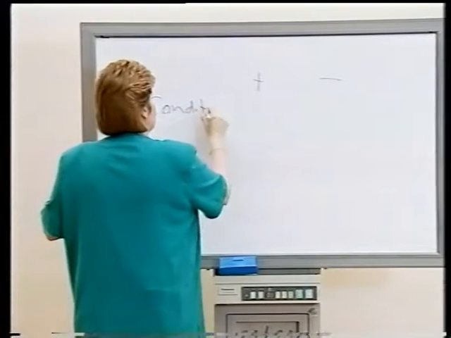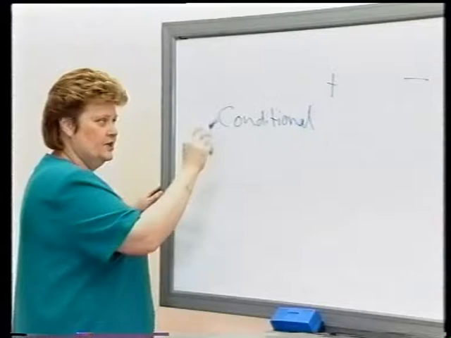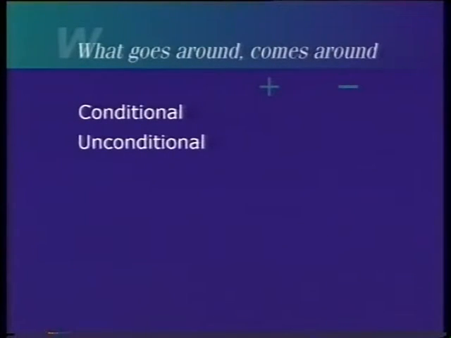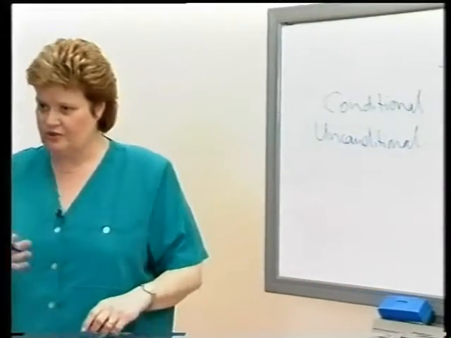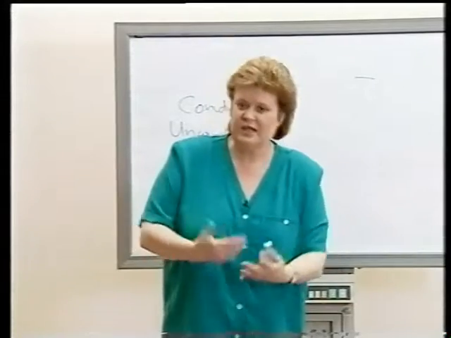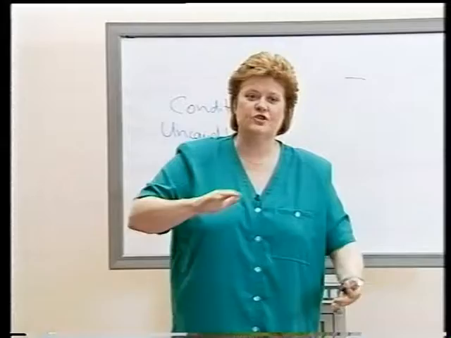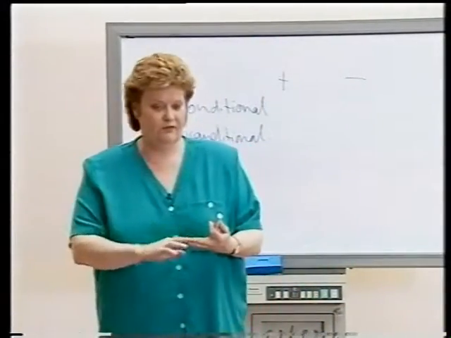There are 2 types of positives and negatives. There's conditional positives and negatives and unconditional positives and negatives. A conditional positive interaction is something that is said or done to you, and particularly, say, adult to child, an interaction that makes you feel good, that gives you the message that you are a lovable, valuable person.